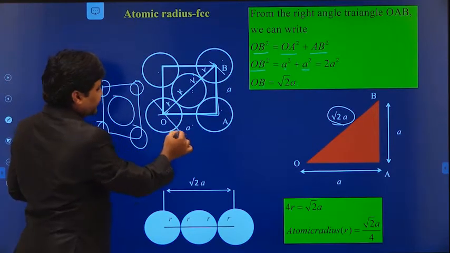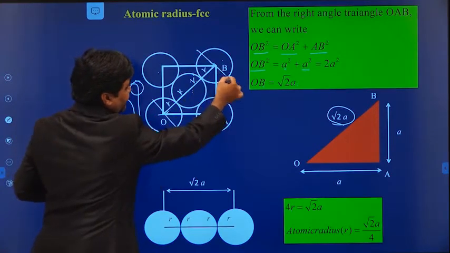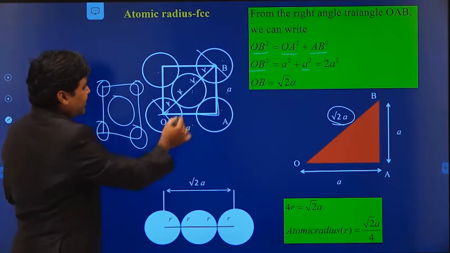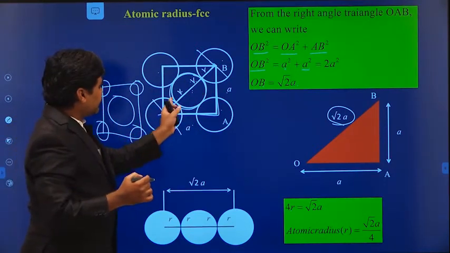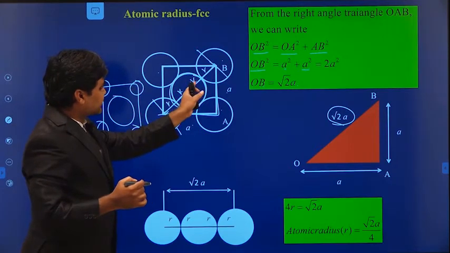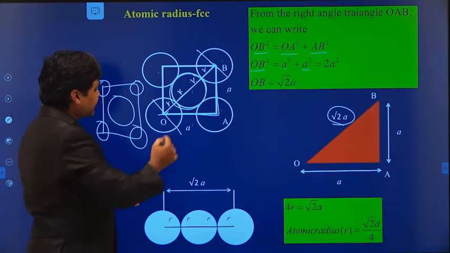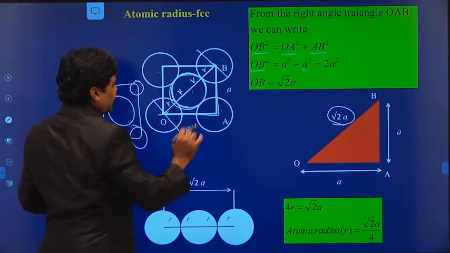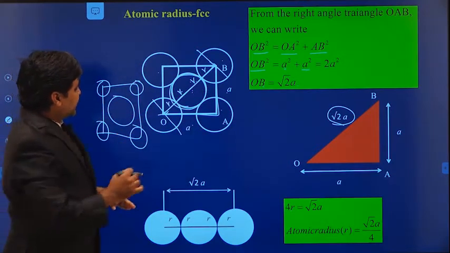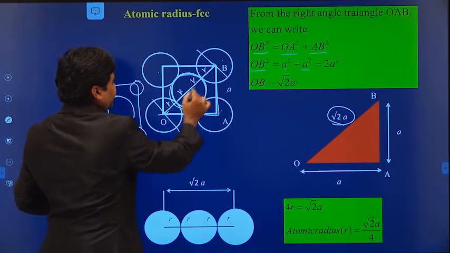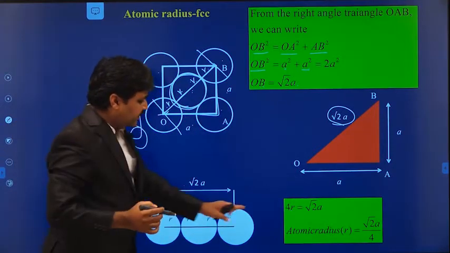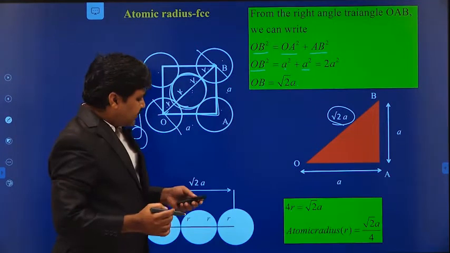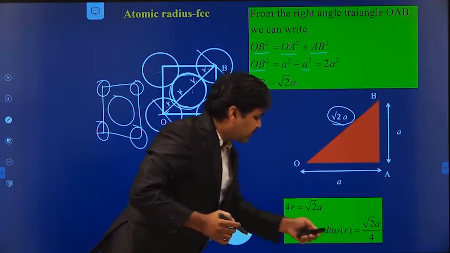Half of the corner atom is inside the unit cell, but the face center atom is completely inside the unit cell. So there are 2 R's from the face center atom, and 1 R from each corner atom. So the total equals 4R. So 4R equals square root of 2 a, and atomic radius R equals square root of 2 a divided by 4.